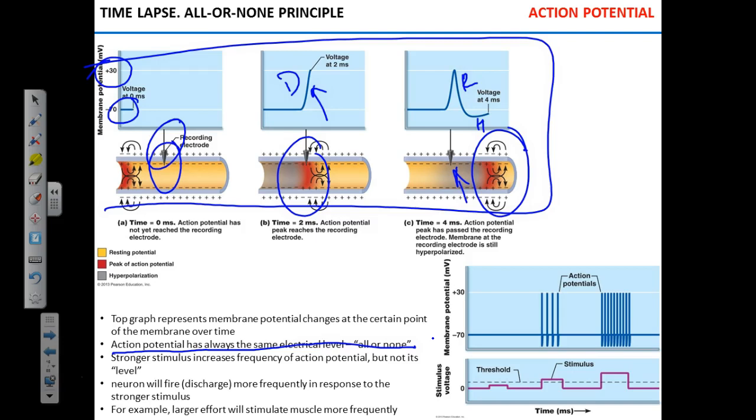Which question should you ask? If action potential operates on this all-or-none principle, it's always the same level, no matter the strength of the stimulus. Nothing sounds wrong here?